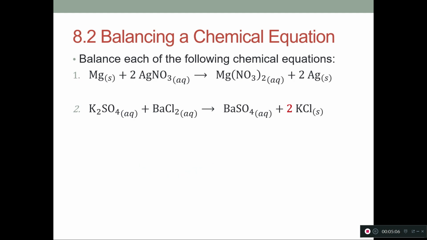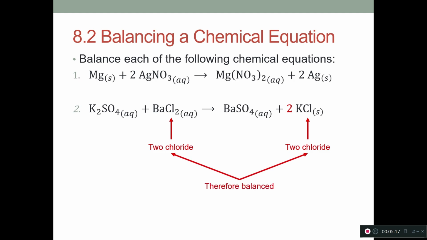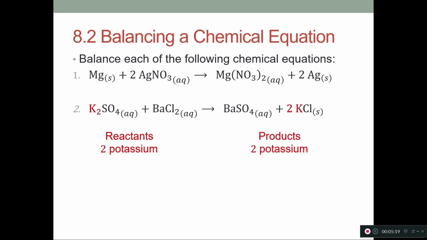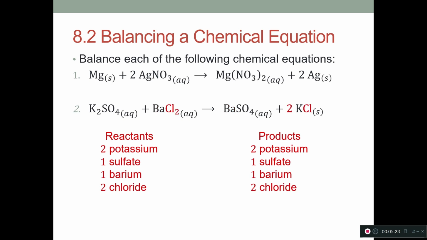So those are already balanced. We have 1 barium here and 1 barium here. So those are already balanced. And we have 2 chlorides here and 2 chlorides over here. And so those are balanced. So we see we now have 2 potassiums, 1 sulfate, 1 barium, and 2 chlorides. And so that means that the reaction is now balanced.